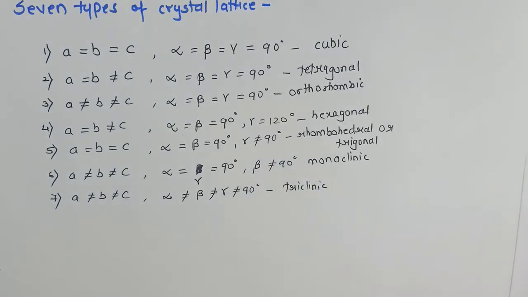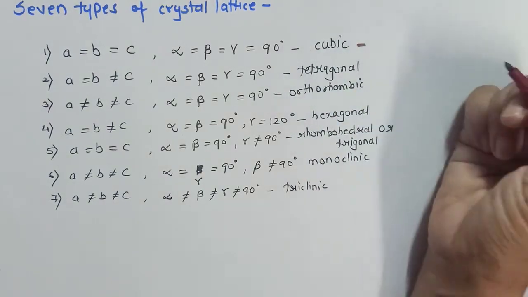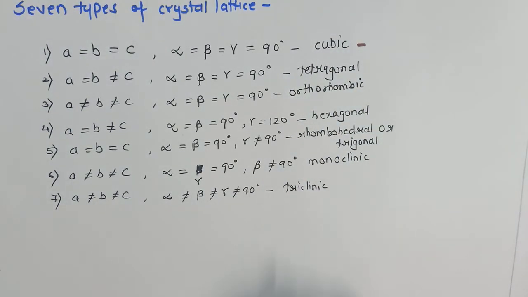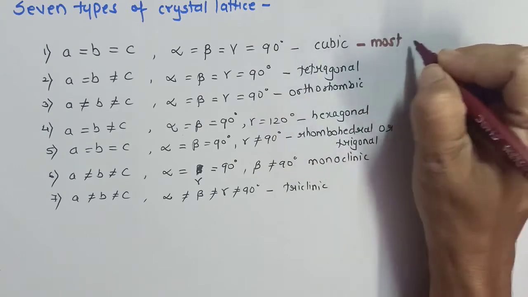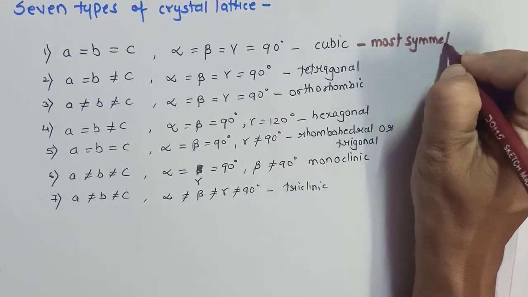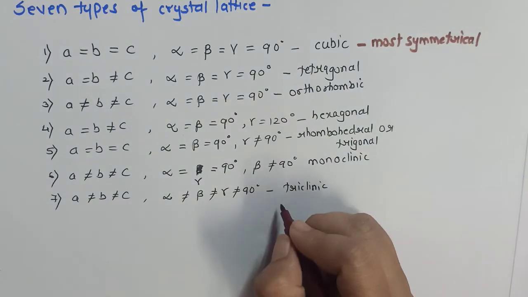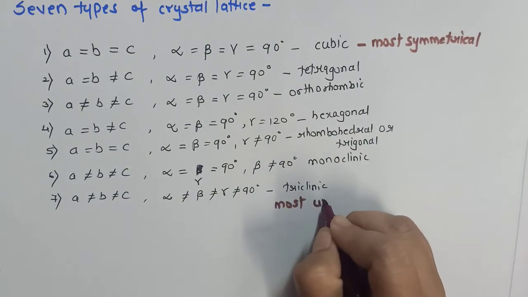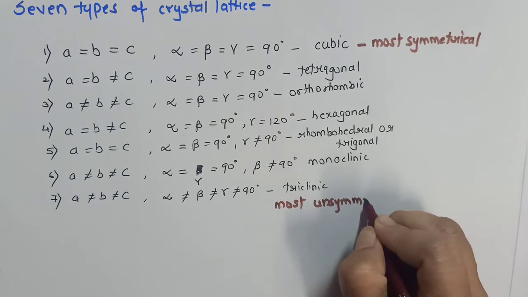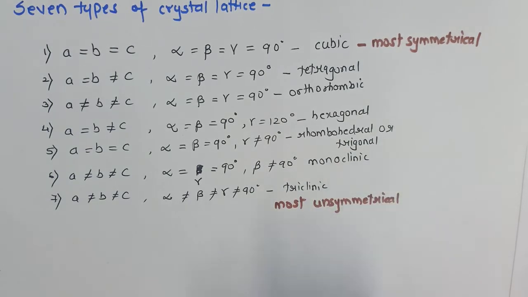What we have to remember is that cubic is the simplest, most basic one, and the most symmetrical one. And triclinic is the most unsymmetrical one. Why? Because for A, B and C, neither are the edges equal nor are the angles mutually perpendicular to each other. With this basic information, now we will study the types of unit cells.